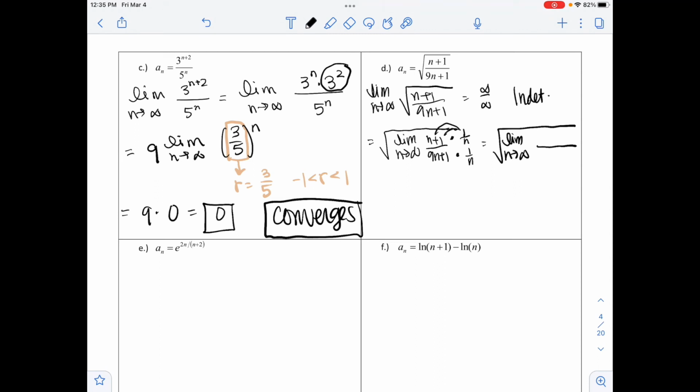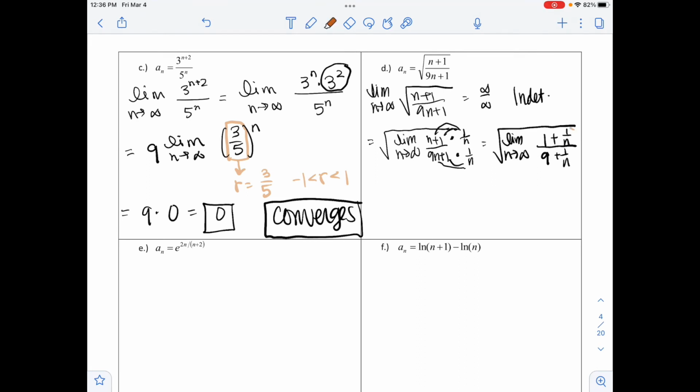So we have the square root of the limit as n approaches infinity of, and this 1 over n has to get distributed, so we end up with n times 1 over n, which is 1, plus 1 times 1 over n, which is 1 over n. And likewise, 9n times 1 over n is equal to 9. And then 1 times 1 over n is going to be 1 over n.